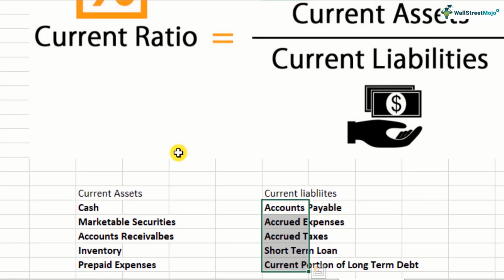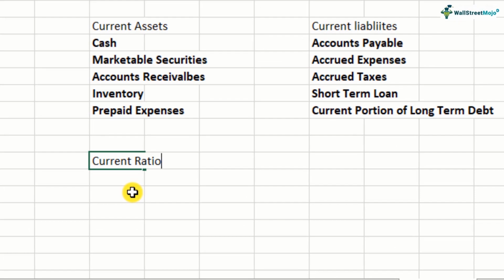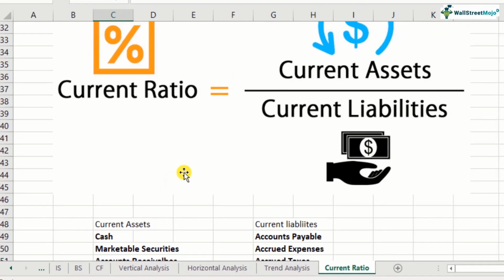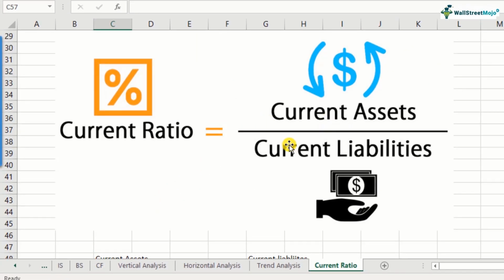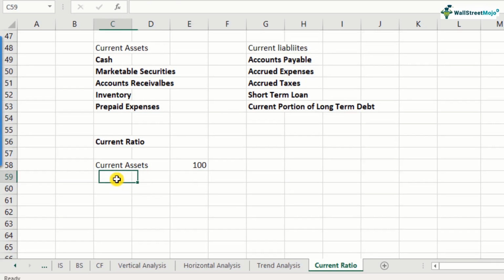Now let's go back to our discussion of current ratio. So as you can see, the current ratio can be calculated as current assets divided by current liabilities. Let's take an example. Let's say for a company, current assets was 100 and current liabilities was 80. So how much will be the current ratio?